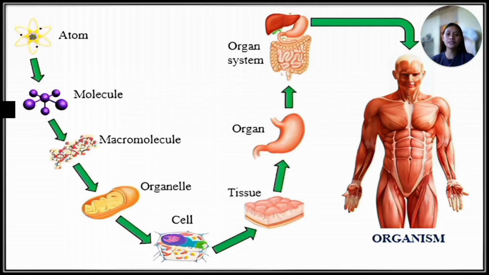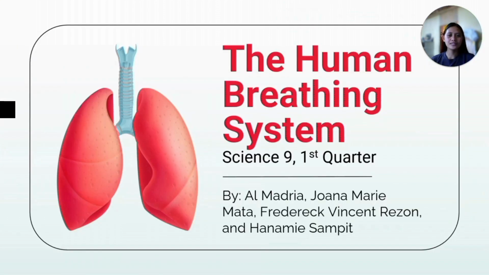We have here an illustration on the levels of biological organization from an atom turning into a molecule, forming a macromolecule, an organelle, cell, tissue, organ, organ system, and an organism. So today, we are going to talk about your first topic for your first quarter.